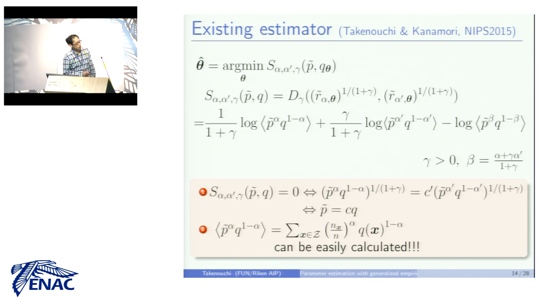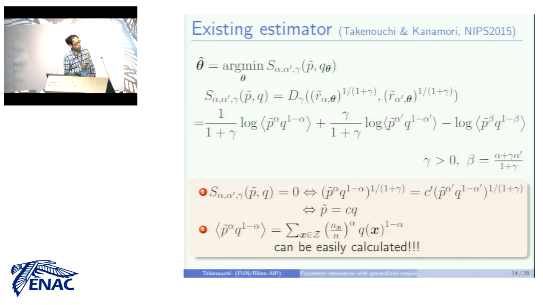I'll explain briefly why this works. This score function is equal to 0 if and only if these two kinds of empirical distribution are proportional. And this equation is equivalent to this.